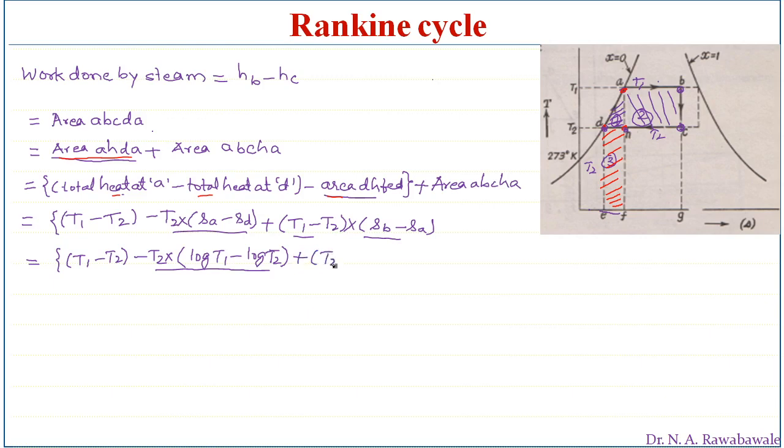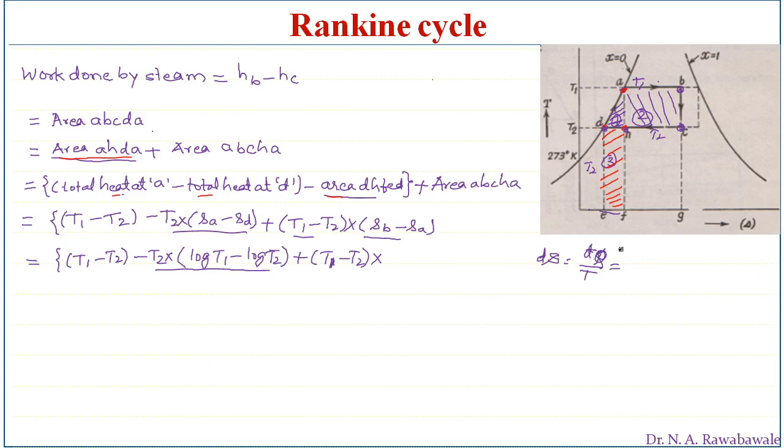T1 minus T2 into, now this SB minus SA is written as, we'll write here, change in entropy dS is equal to dq by T. So this dq is nothing but the change in heat transfer.